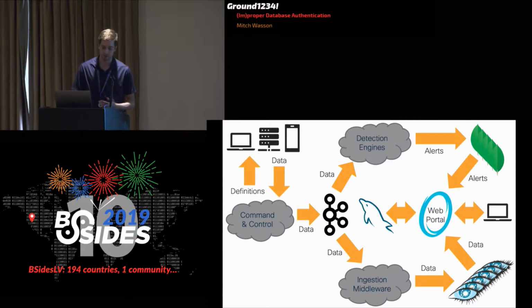Now an important point to bring up here is the scale of the data in our system, and it's going to come into play why I care about certain things in database authentication. This data path right here is about 200,000 records per second in our largest AWS environment. Distributed systems technology has evolved so it's not that hard. I mean, not that I'm saying our jobs aren't hard, but it's possible.